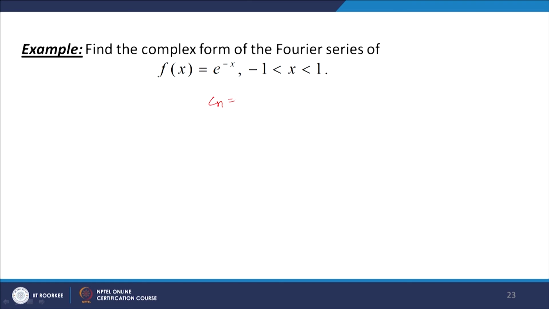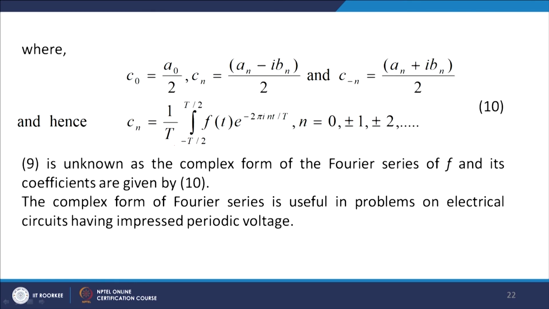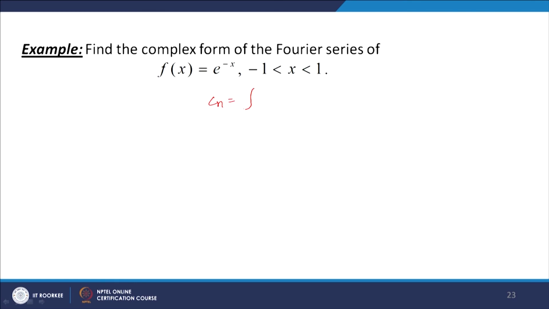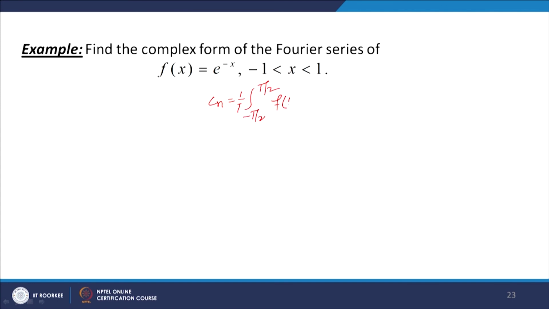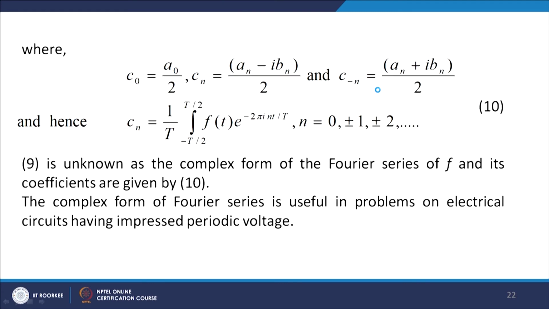Okay. C n is equal to, as we have seen earlier, 1 over T times the integral from minus T by 2 to T by 2 of f(t) e to the power minus 2πi n t by T dt.